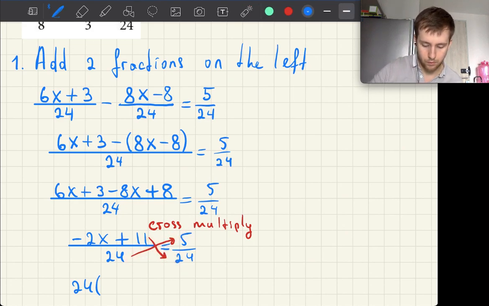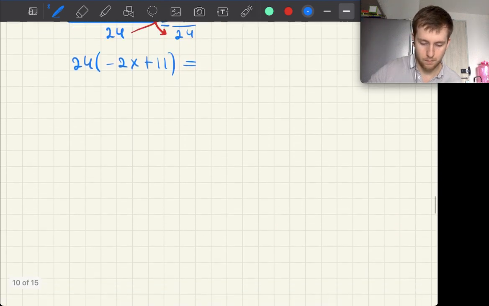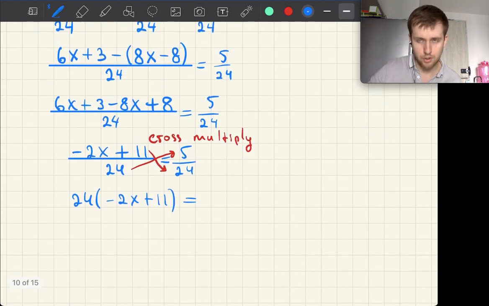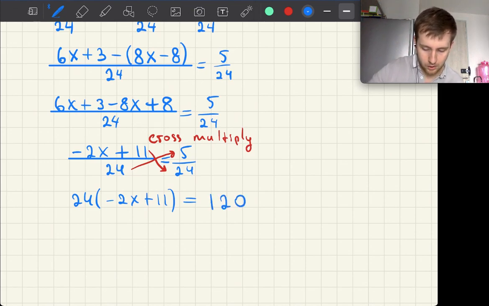So we're going to have 24 times (-2x + 11) equals 24 times 5. 24 times 5 is 120. Do we need to open the brackets? No, we don't.